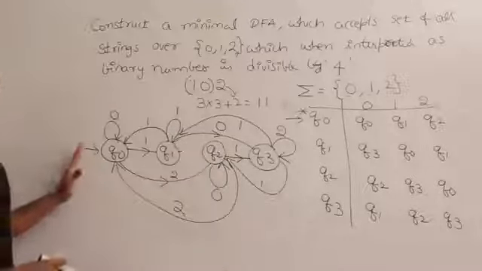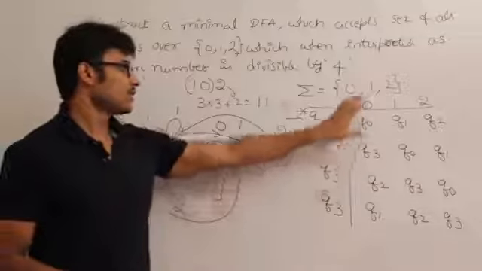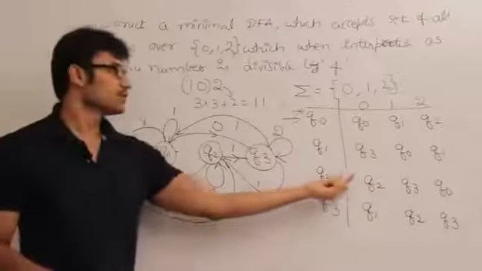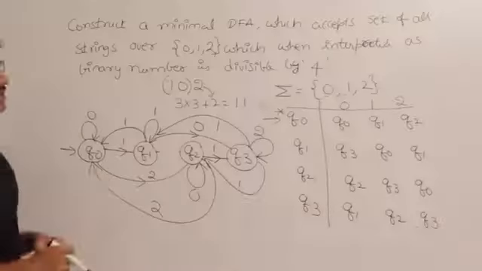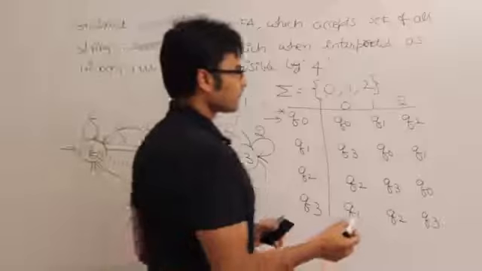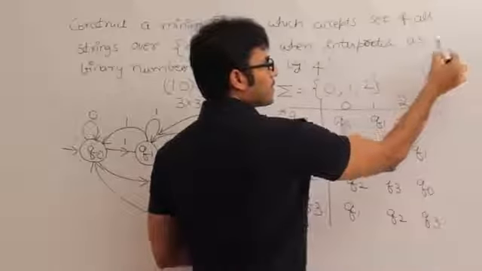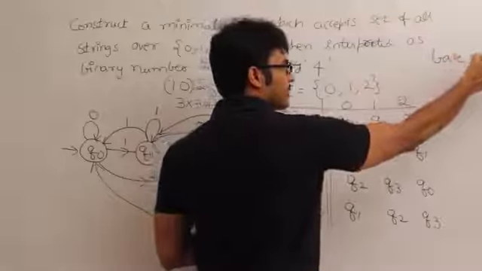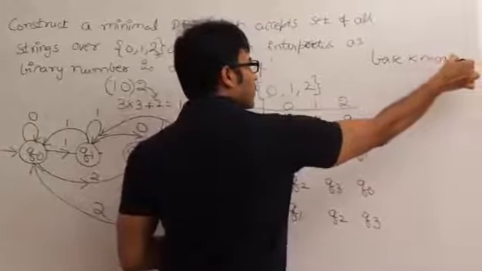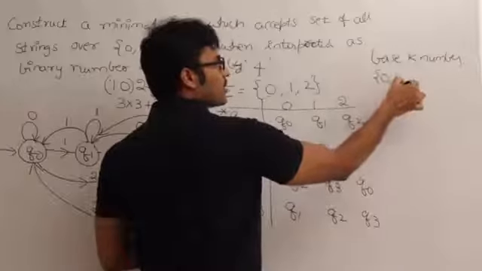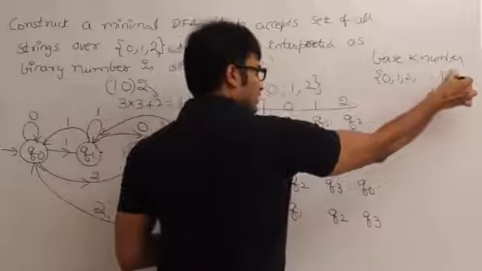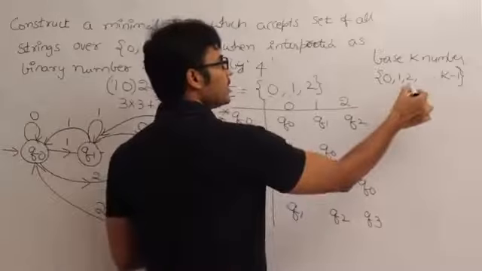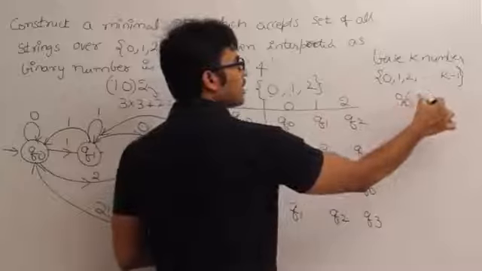If you look at this, this method actually works. Writing down all these states without drawing the actual diagram works. So you can use this method. This question can be extended to any level. For example, they will say some base k number, which means the alphabet will be 0, 1, 2, 3, so on, k minus 1, and they might ask that the string has to be divisible by, let us say, m.